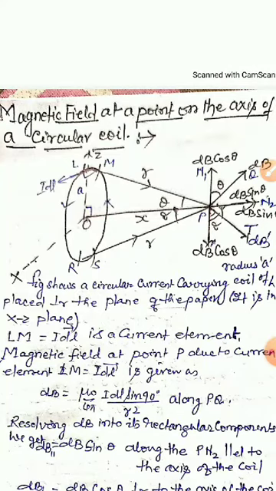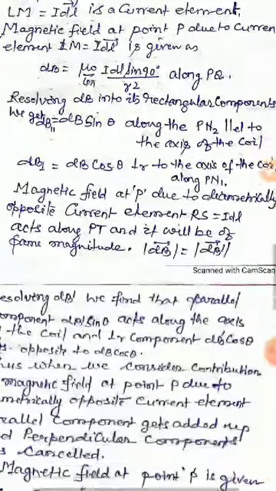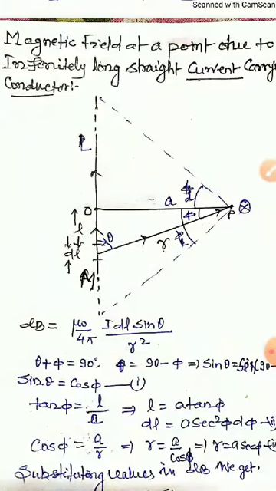These two applications are there in our syllabus, but we will also learn magnetic field at a point due to an infinitely long straight current carrying conductor, because it has many applications in numericals. So we must have the knowledge of this also.